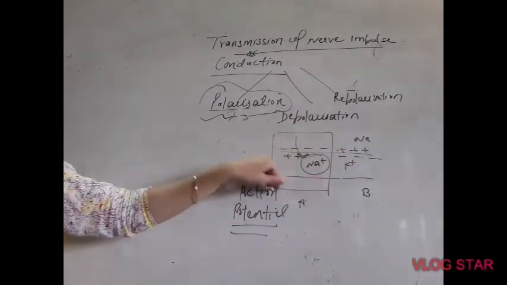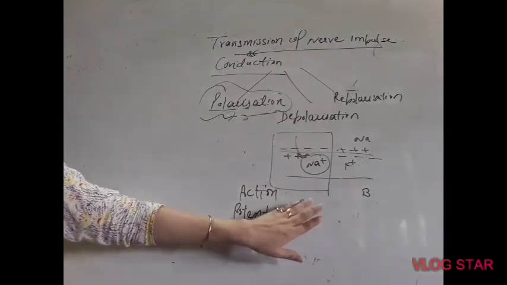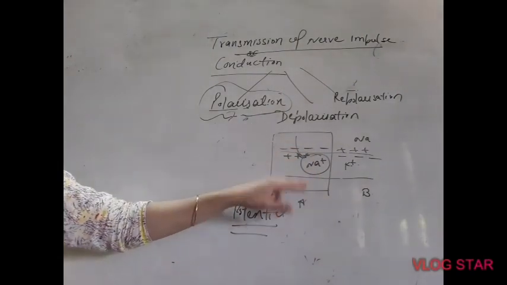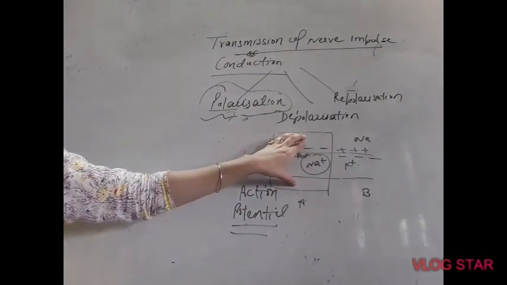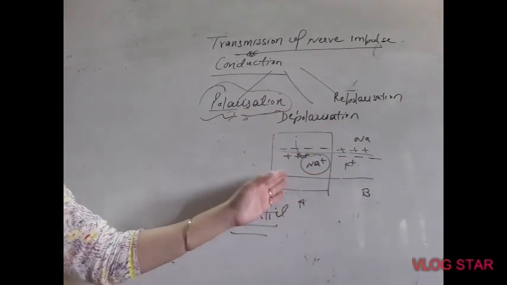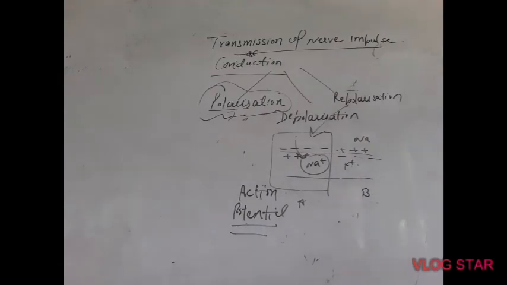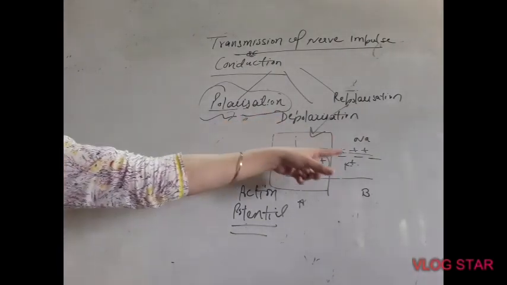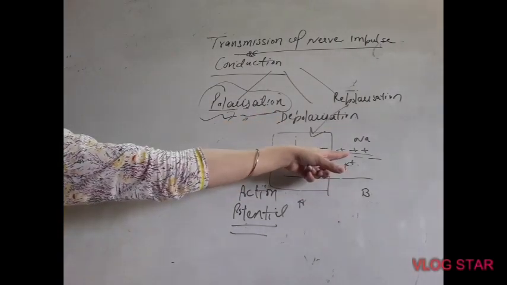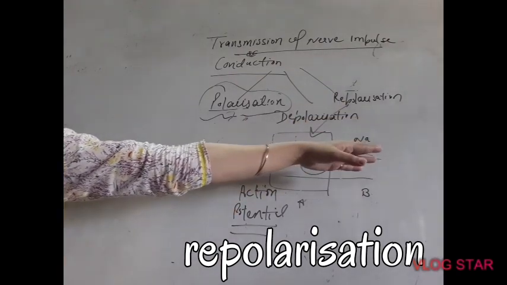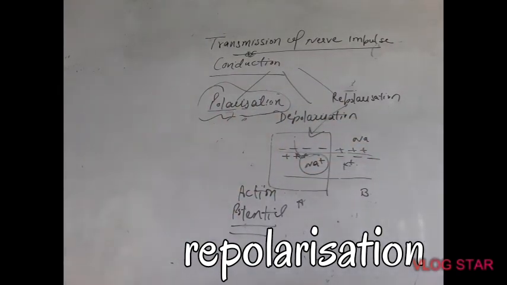And this previous area A, which is right now at depolarized stage, when the nerve impulse from this area moves to B, A will become repolarized. It will come to the repolarized phase, and this area will be depolarized, and the next area will still be at polarized phase.